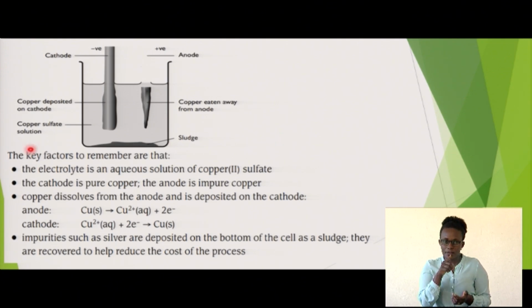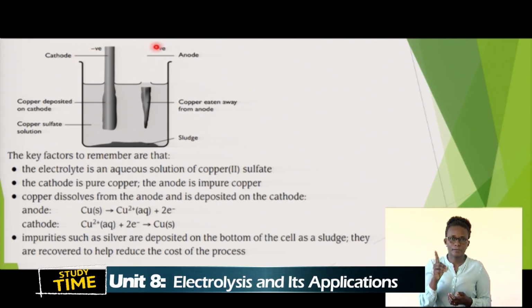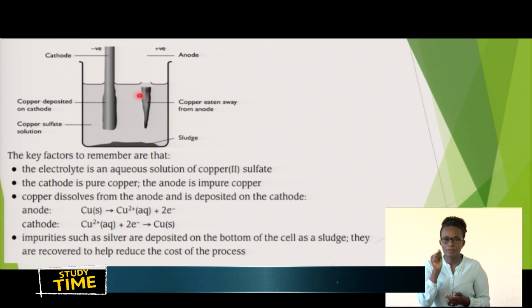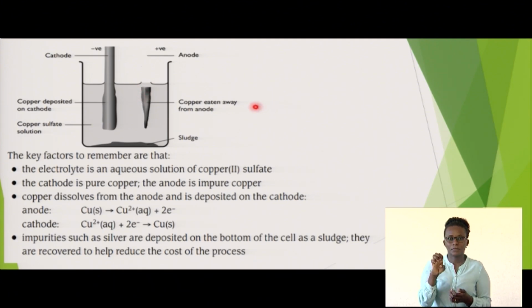These are the key factors. Remember what we talked about. This is the diagram. We have the cathode, we have the anode. The anode has been eaten away, copper eaten away from the anode. What does this mean? That this anode must be impure copper.